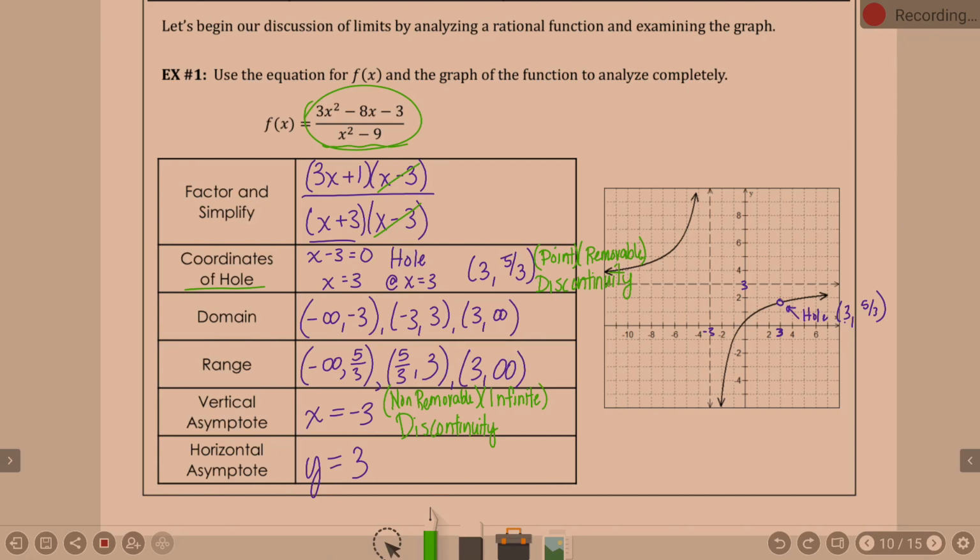If the biggest powers top and bottom match, we use the coefficients. So the fact that it's 3x squared over 1x squared and the powers match, you're using the coefficients. So 3 over 1 or 3. Does that ring a bell? Yeah, exactly.